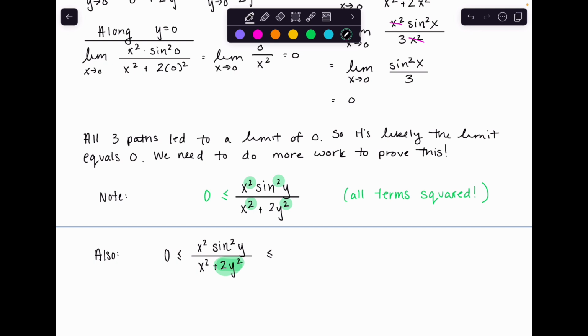So this is at most x squared sine squared of y over x squared plus 0.